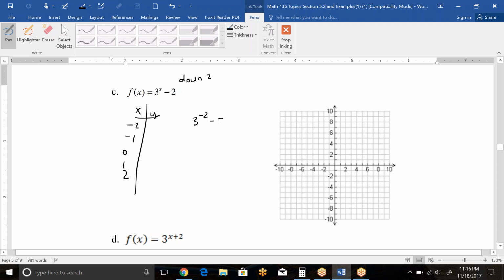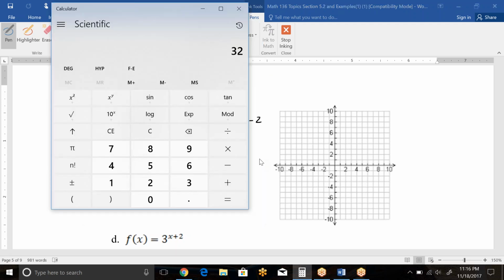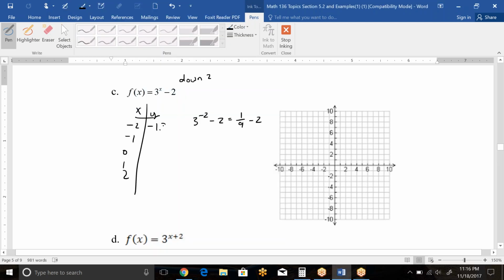This is 3 to the -2 minus 2. That is 1/9 minus 2. So that's going to come out to some kind of decimal. So 1 divided by 9 minus 2. That's -1.89.